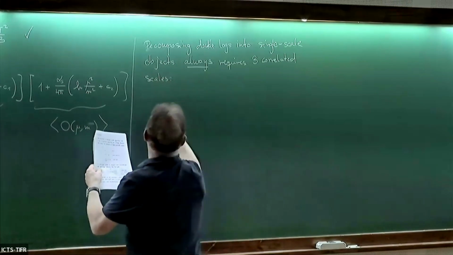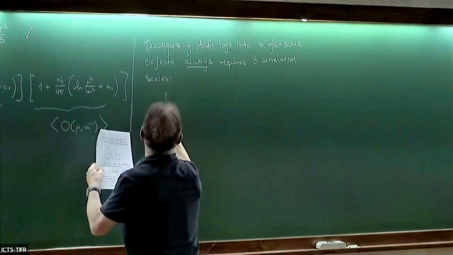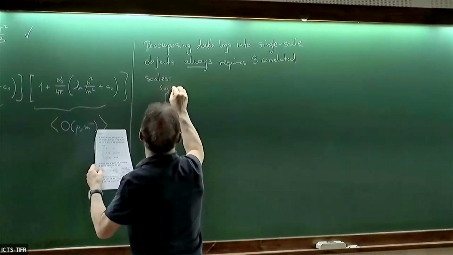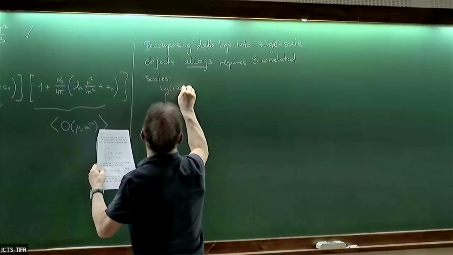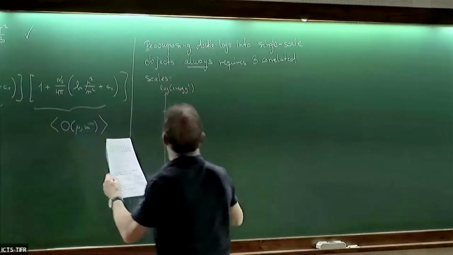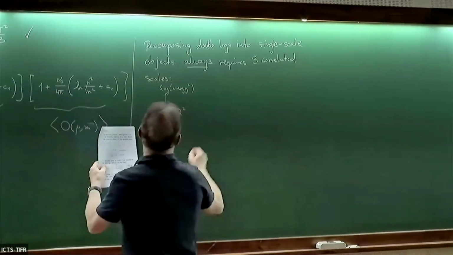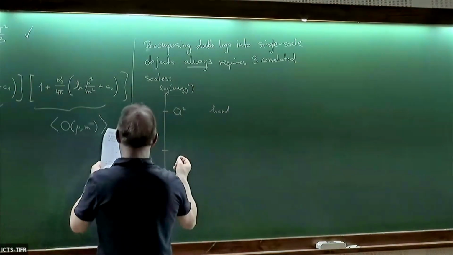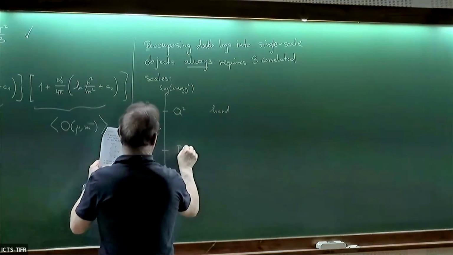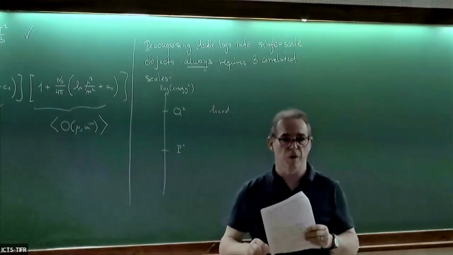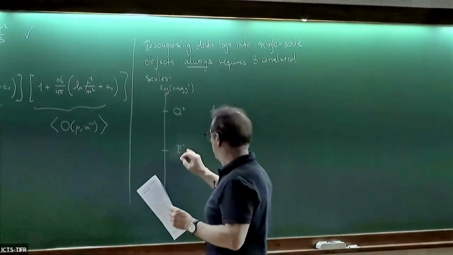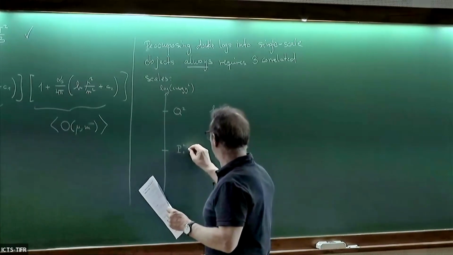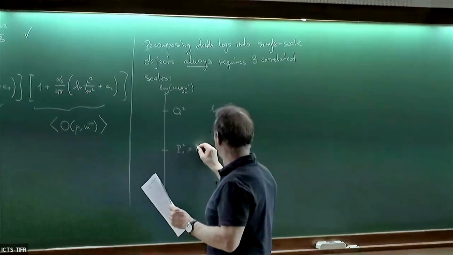This is very important. In our problem, we have the scale q square here, so this is a log of the energy. We have q square here, which is the hard scale. We have the collinear scale, and let me just call it p square. We had p1 square and p2 square, but basically, let me say p1 square is approximately of the same order as p2 square.